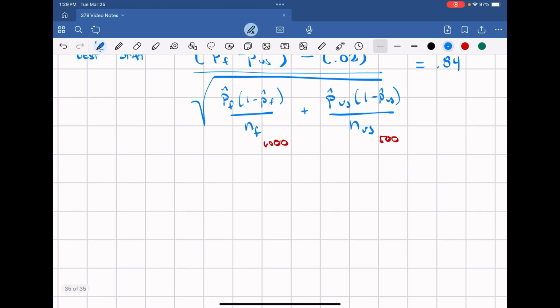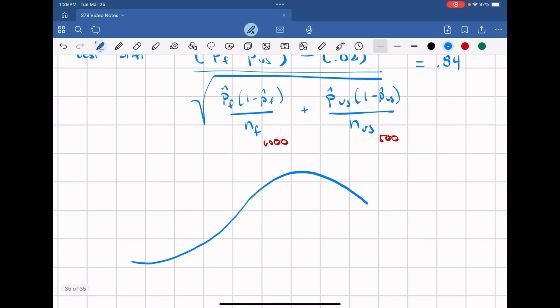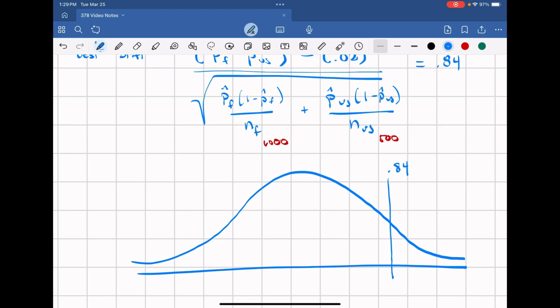And so if I draw this on the graph, we have calculated our test statistic, in this case our z-score, as 0.84. Because I'm looking at a one-tailed test, the p-value is the area to the right of this point.